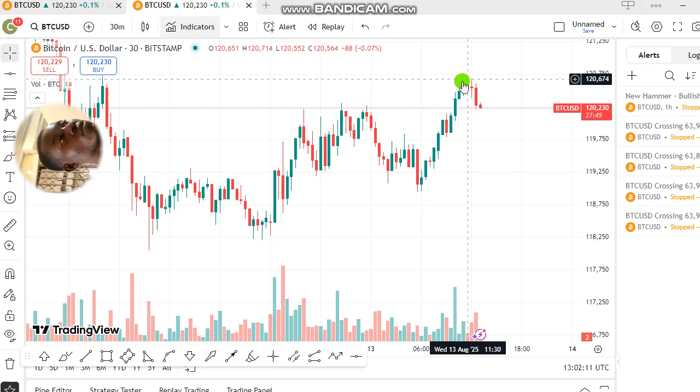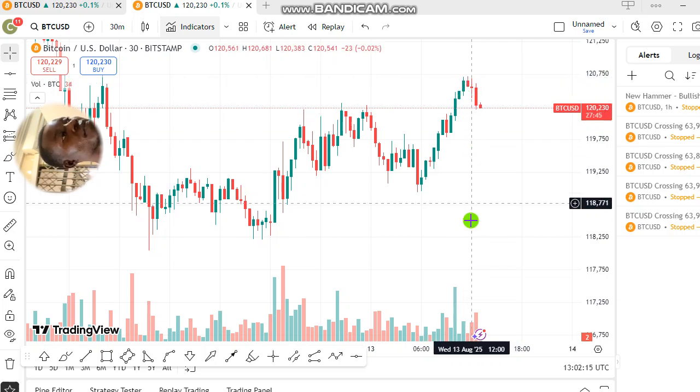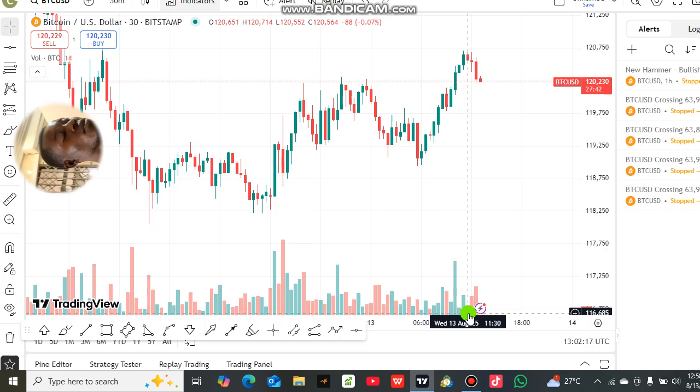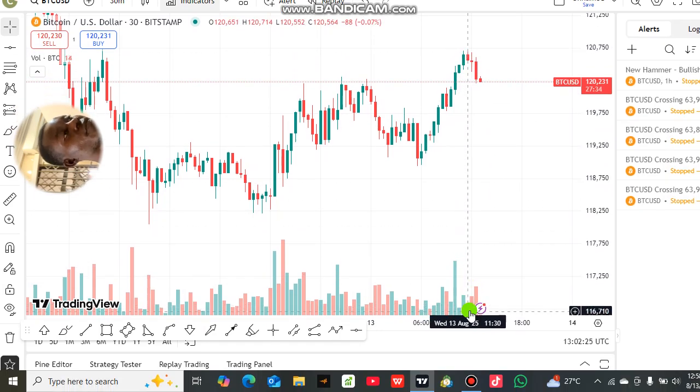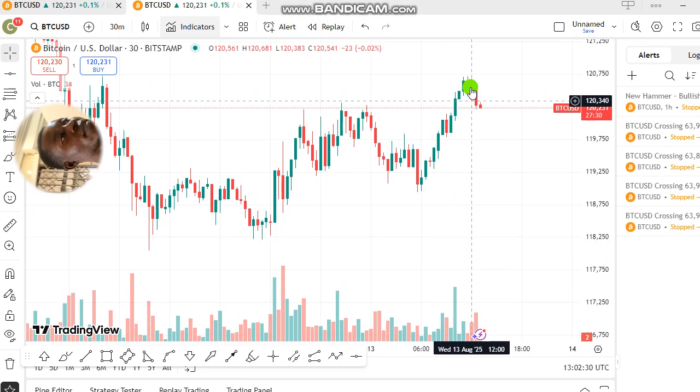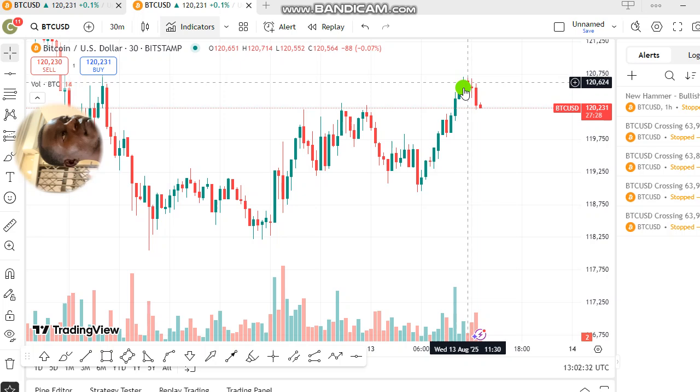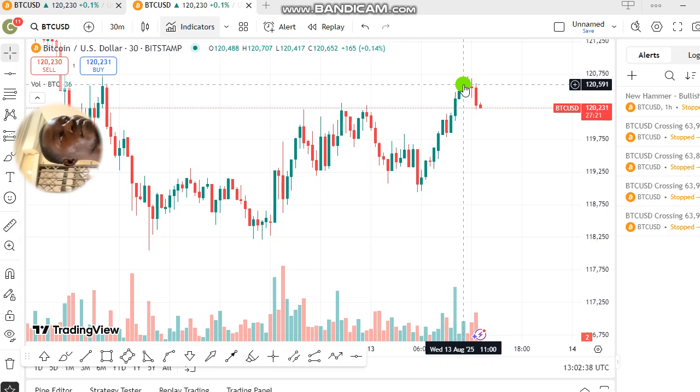When the market hit this particular area, we could see a red volume bar, which is this particular one. This red volume bar is an indication that the market at this particular point is probably going to reverse.